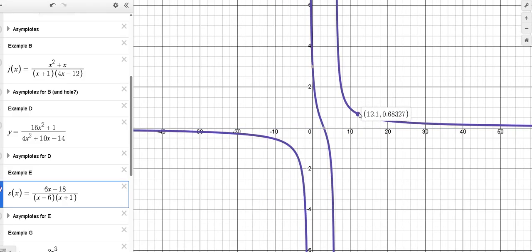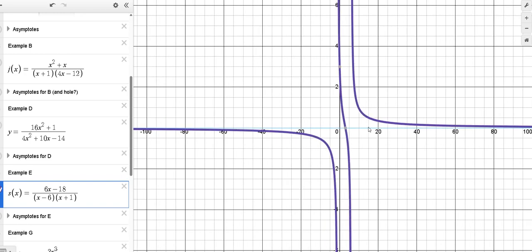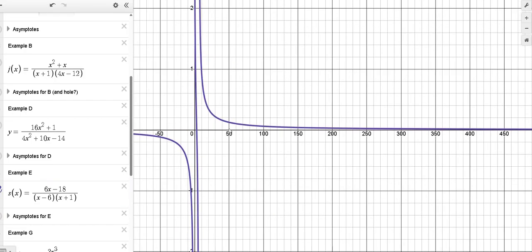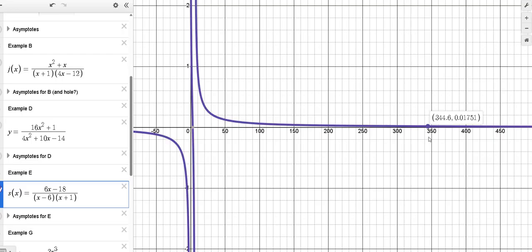As you look at the y values, as you move out the x-axis larger and larger, they're getting smaller and smaller. So when we're out here near 350, take a look at the y value. It's 0.017. And then 0.0012, et cetera. So it's getting smaller and smaller, and closer and closer to 0. So that's what our horizontal asymptote is.